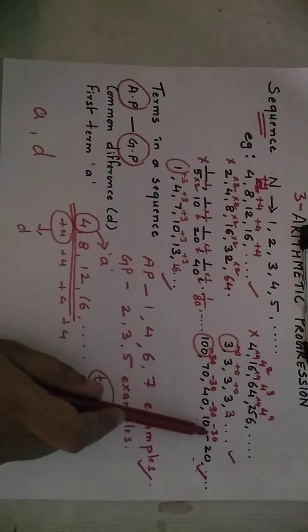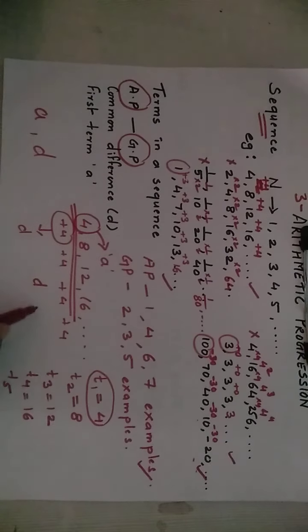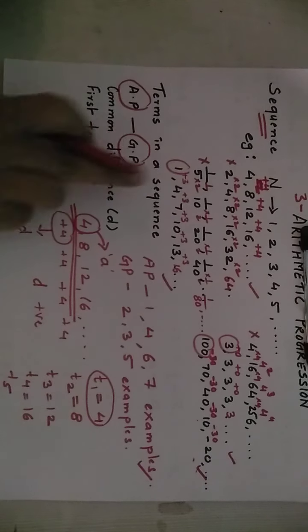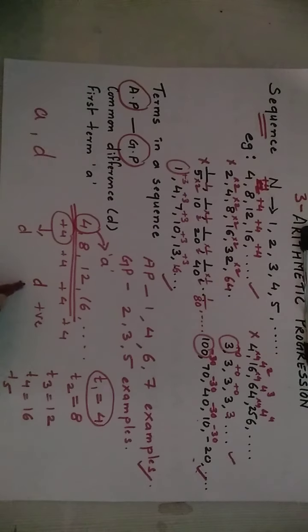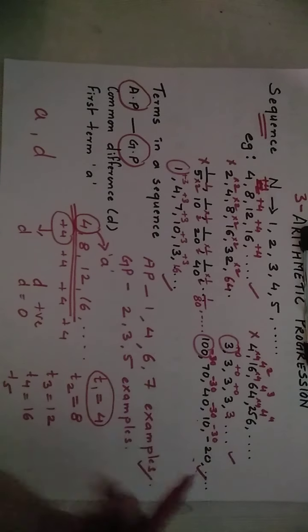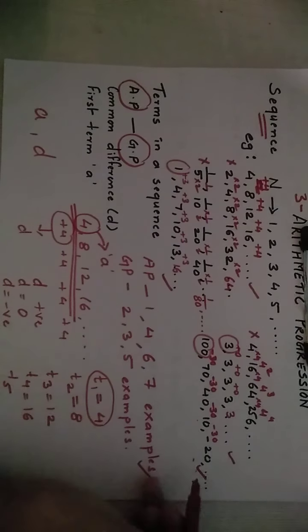Mind it, children, it is minus 30. D can be a positive number like here, D can be 0 like in the sixth example, or D can be a negative number like in example number 7.